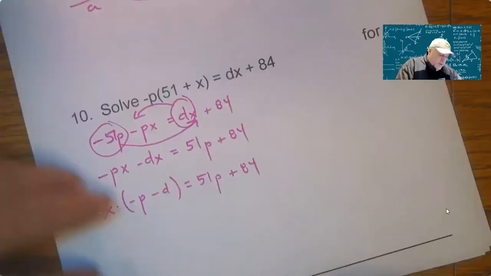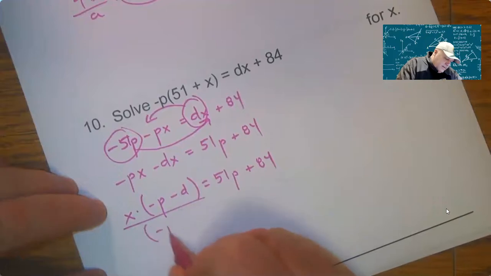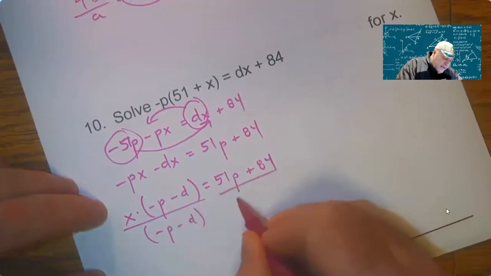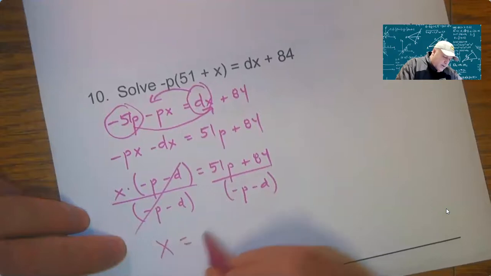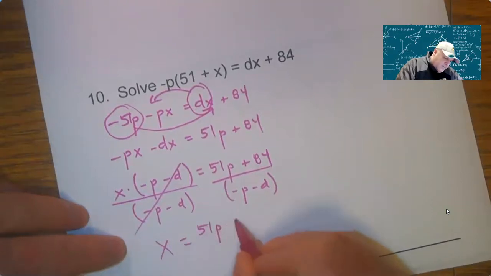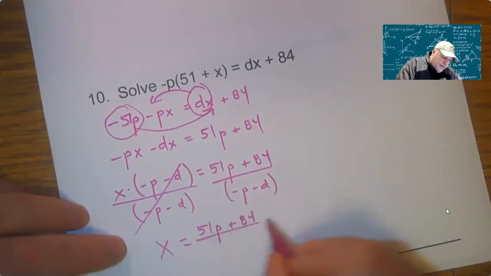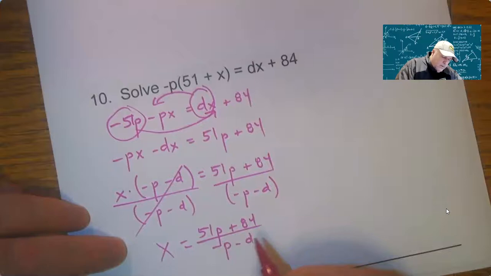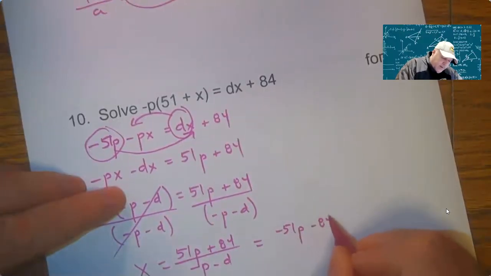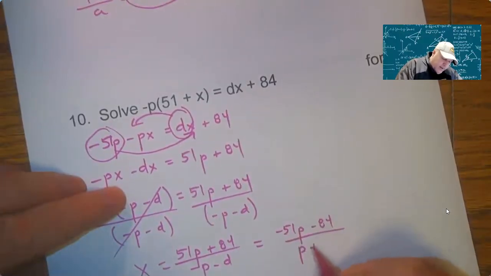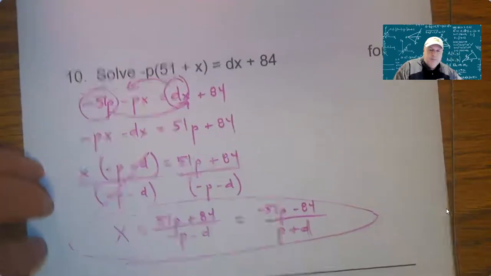And then that's what you're going to divide by to get the x alone. So what does this amount to? Multiply through. So I would accept that, or I would accept the opposite in the numerator and then the total opposite in the denominator, either way.